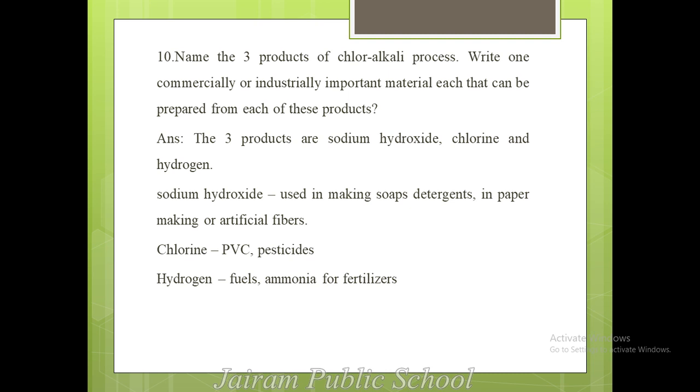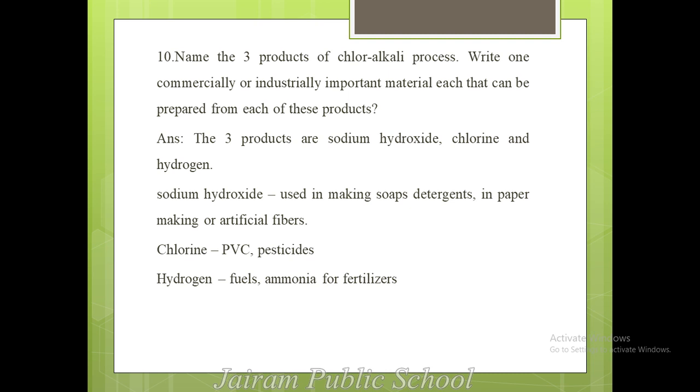So just I will explain it. What are all the things you have to write here? First, the activity part you have to write. For that, you have to take about 5 ml of dilute sulfuric acid in a test tube.